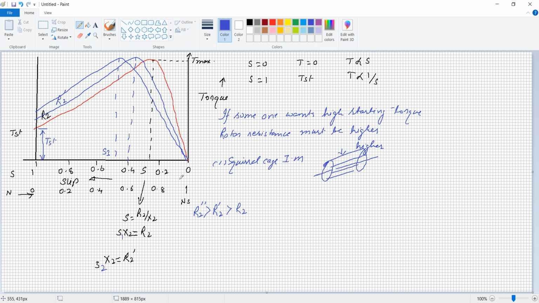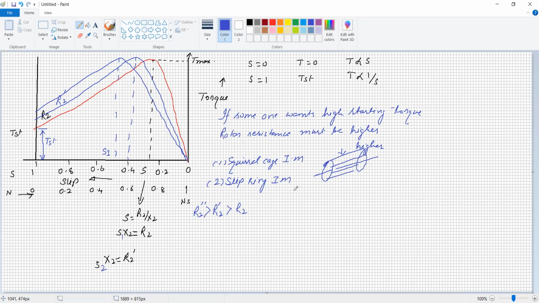So what would be the next method? The second is the slip ring induction motor. The slip ring induction motor serves this purpose because we want high starting torque only. Once the starting torque purpose is over, the machine should run very efficiently.